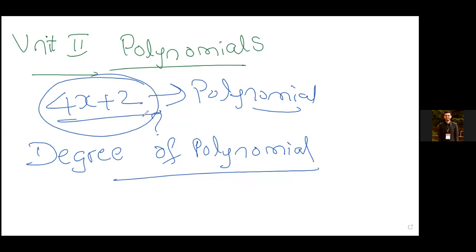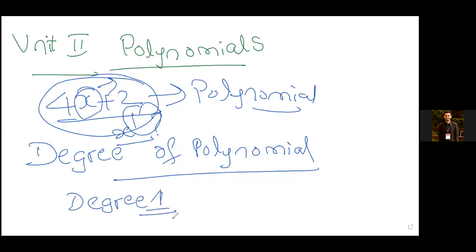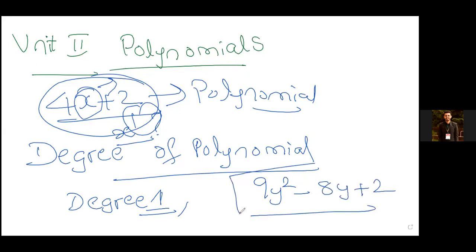Yes, exactly. The degree of this is 1. That means degree of a polynomial means the highest power of x, or that variable. For example, here it is x to the power 1, right? Therefore, degree is 1. Suppose it is 9y square minus 8y plus 2, what is the degree of this? Highest degree of this term, y. Yes, it is 2.